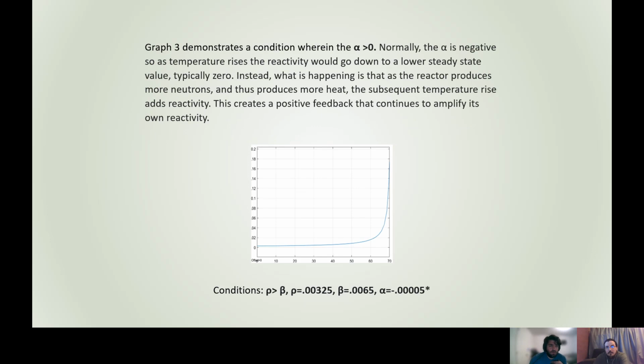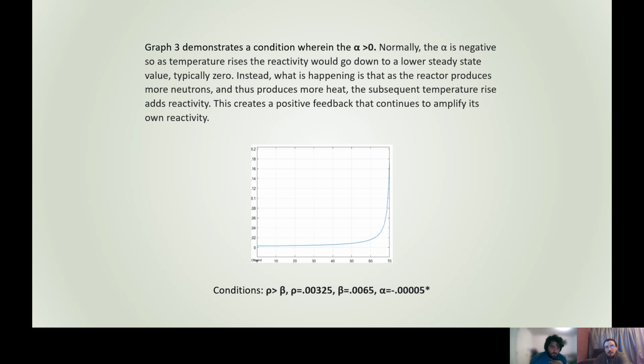And then finally, our last condition is our temperature coefficient of reactivity. Now, when we were initially doing the derivation of our equation, the temperature coefficient was negative. It just so happens that the final equation has it as a positive. So by switching the sign, we get in effect a positive change in coefficient of reactivity. And so here we can see with it as a positive value, we get an exponential rise in our reactivity.